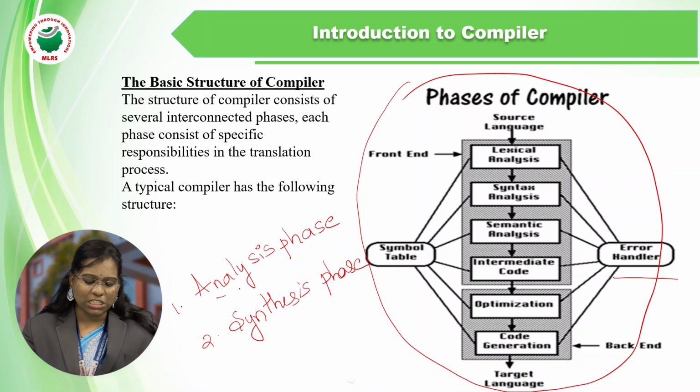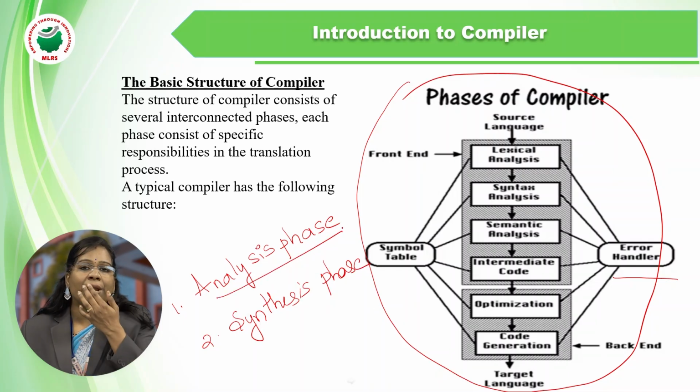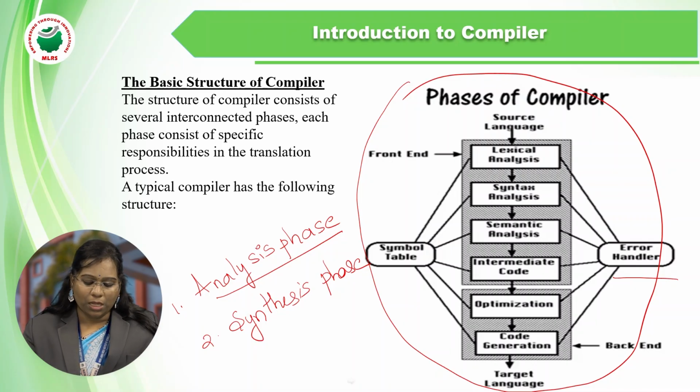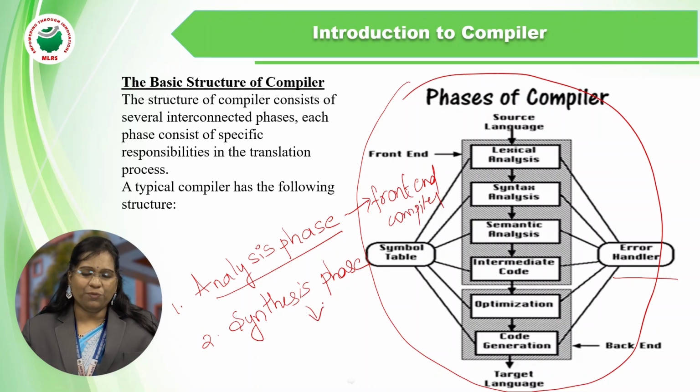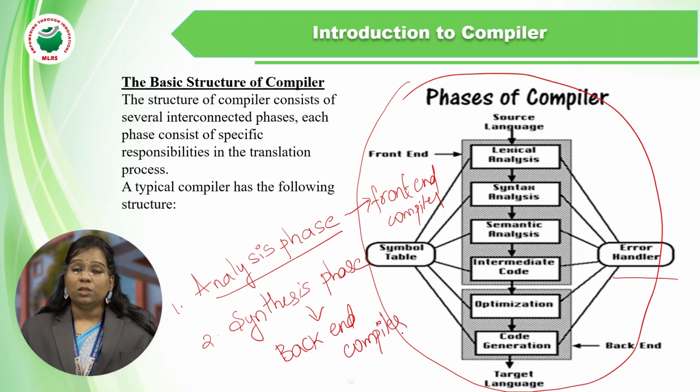The analysis phase we can say is the front-end compiler. The synthesis phase we can say is the back-end compiler. So it is divided into two parts, front end and back end.